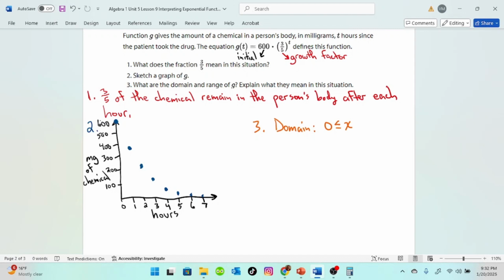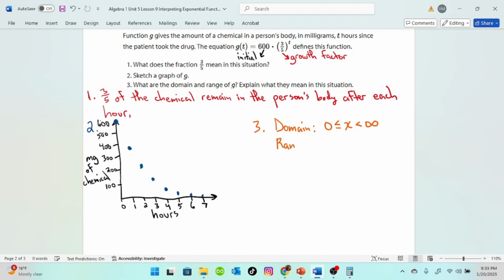There will always be some tiny decimal fraction left. So we would say less than, and we use the infinity symbol, which kind of looks like a sideways 8. And we put less than because it's impossible to equal infinity. Infinity goes on forever.